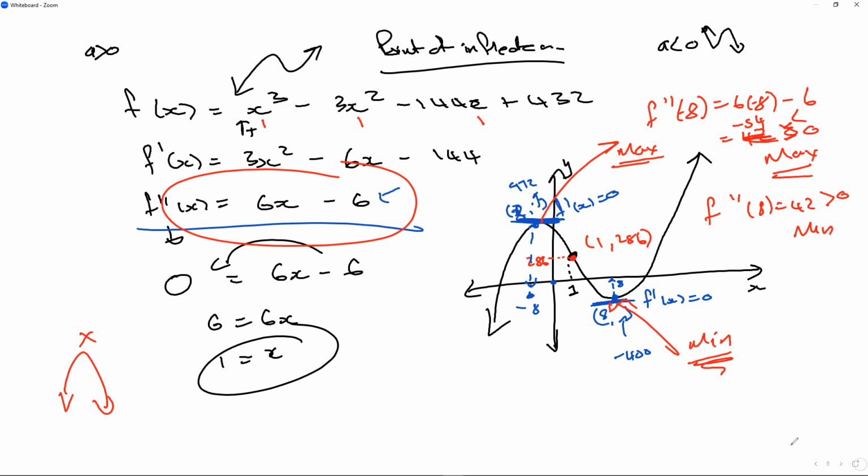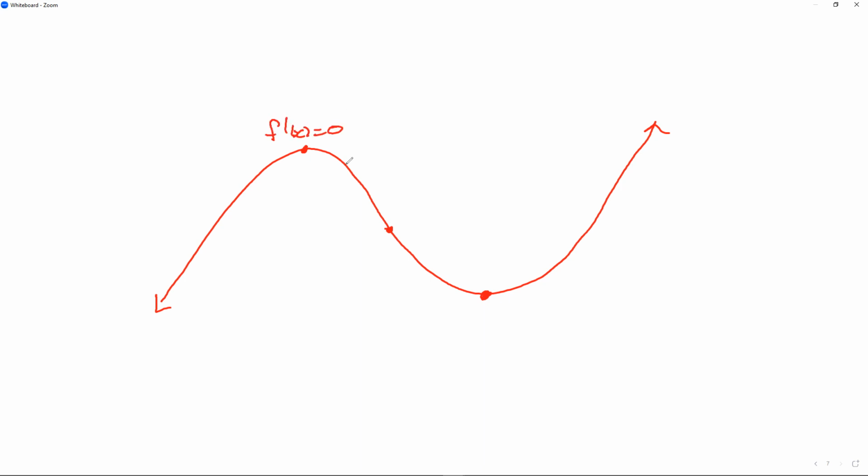All right, so we end up with this cubic function, which looks like this. And when I look at this cubic function, what I notice is that at this point, the derivative is equal to 0. At this point, the derivative is also equal to 0. At the first point, the second derivative, the maximum, is less than 0. At the minimum, the second derivative is greater than 0.